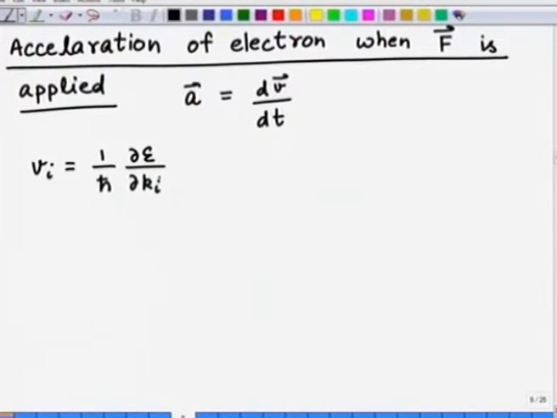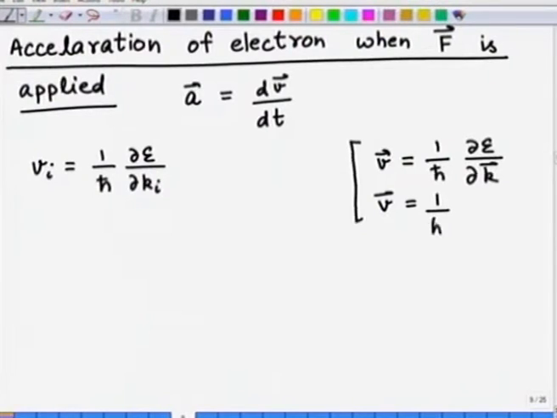For those of you who are more comfortable with vector notation, that quantity is simply del E by del K. If you prefer this way, then we can write it as follows. Or if you wish, which is equivalent to saying v is equal to 1 over h bar gradient with respect to K of energy.